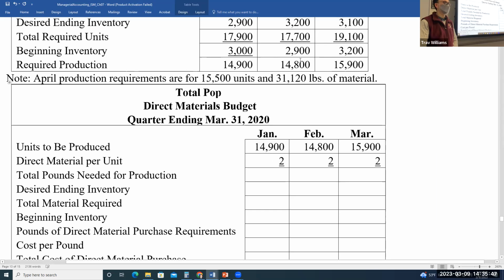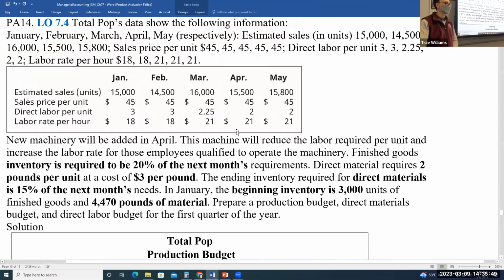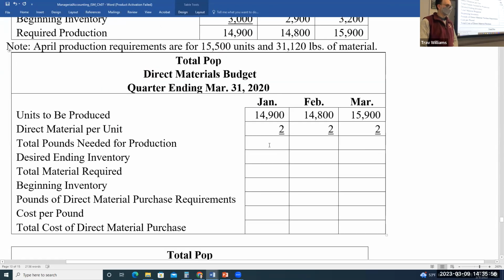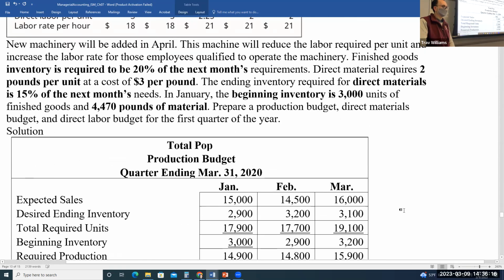And I think that stayed the same. Yeah, it was just 2 every month. Okay. All right, so we can multiply to get our pounds needed for production. And then desired inventory, they said, was 15% of the next month's production needs or material needs, right?